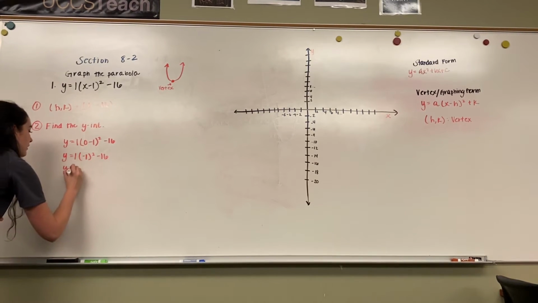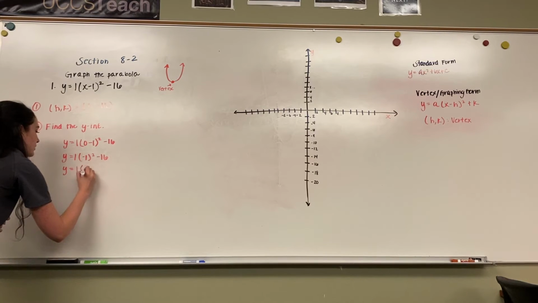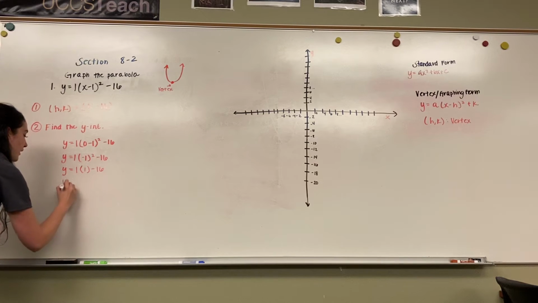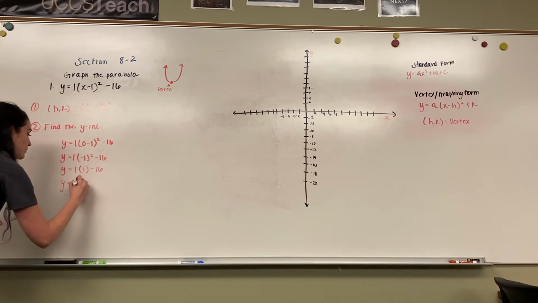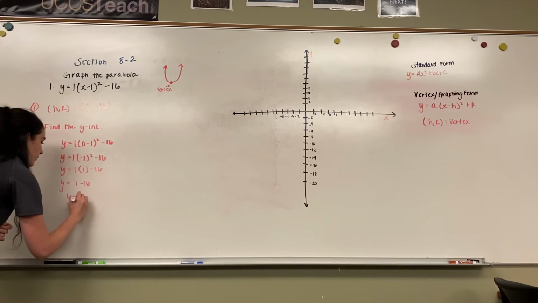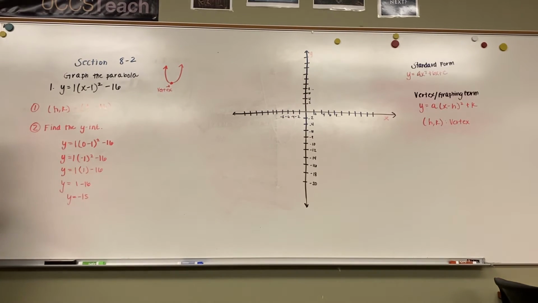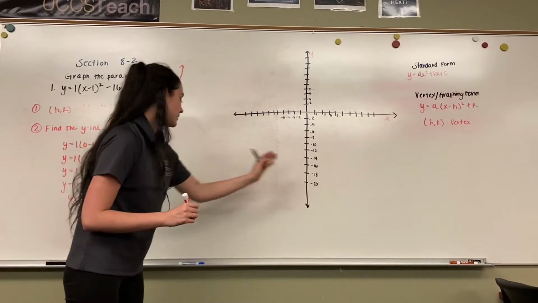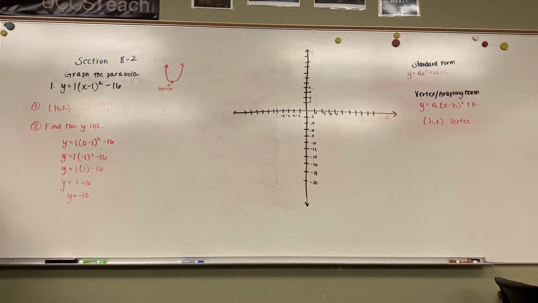What's negative 1 squared? Negative 1 squared is 1, so 1 times 1 minus 16. So y equals 1 times 1 is 1 minus 16. What's 1 minus 16? So we know the point that the parabola crosses the y-axis is at the point negative 15.